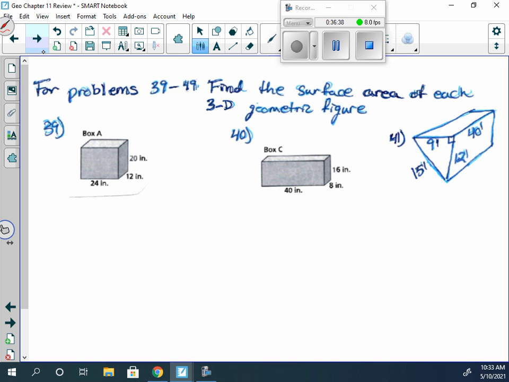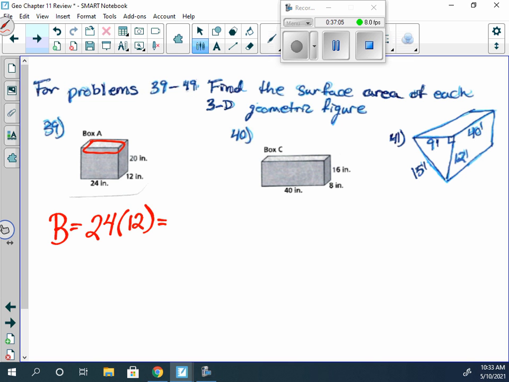We have a box. Now I'm going to signify the top and bottom as the base. Well, sorry, 2 times the area of the base, because we have 2 of them. Well, the area of the base is just a rectangle, and the area formula for a rectangle is length times width.